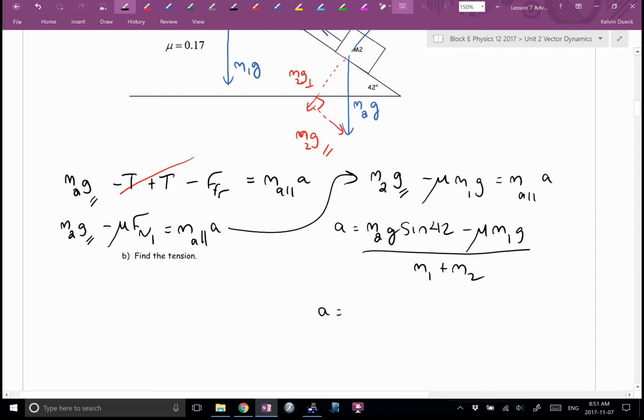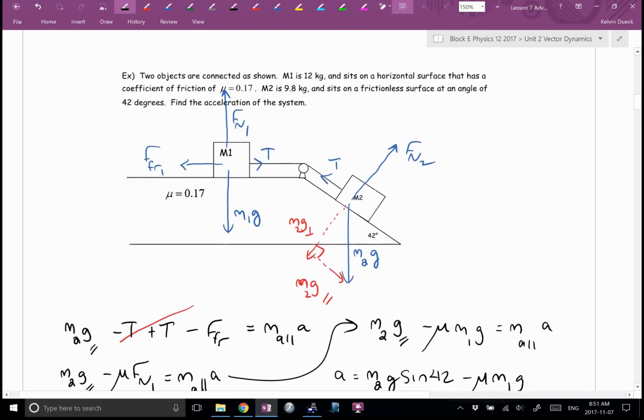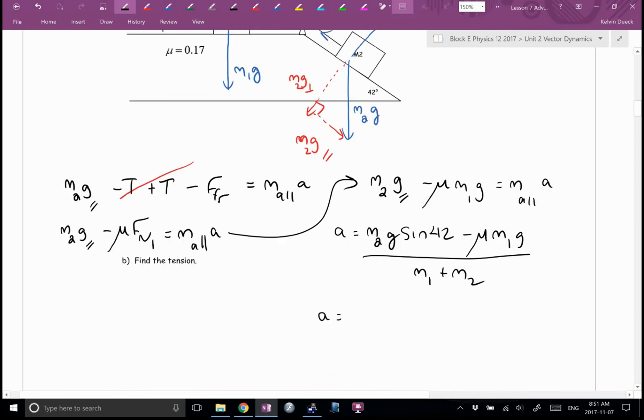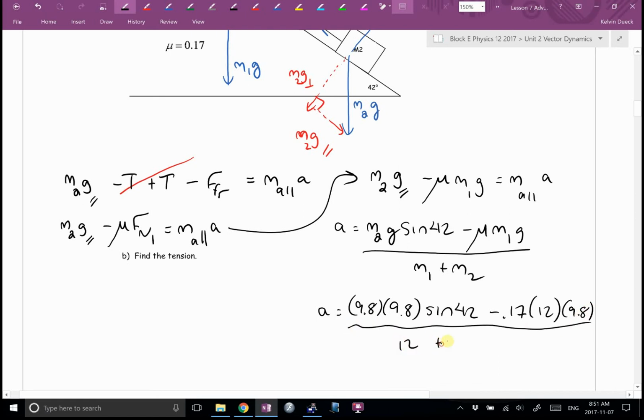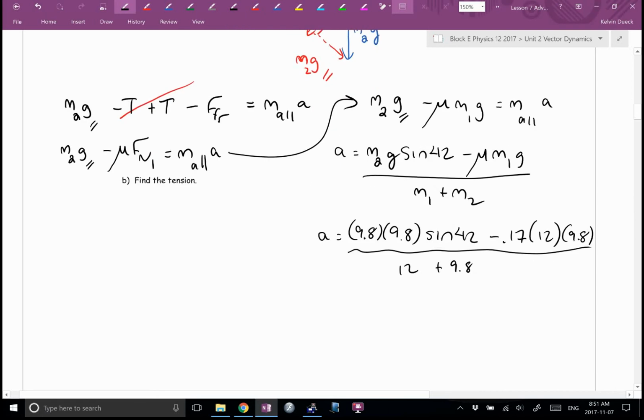Let's get the answer. Mass 2, I've scrolled down here. What was mass 2? It was 9.8, 12, and 0.17. So 9.8 times 9.8 sine 42 minus 0.17 times 12 times 9.8 all divided by 12 plus 9.8.